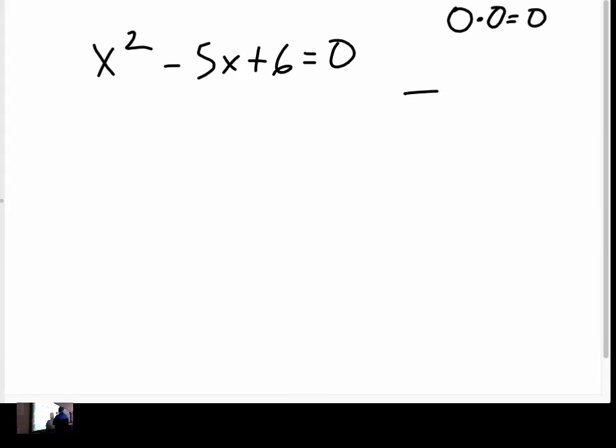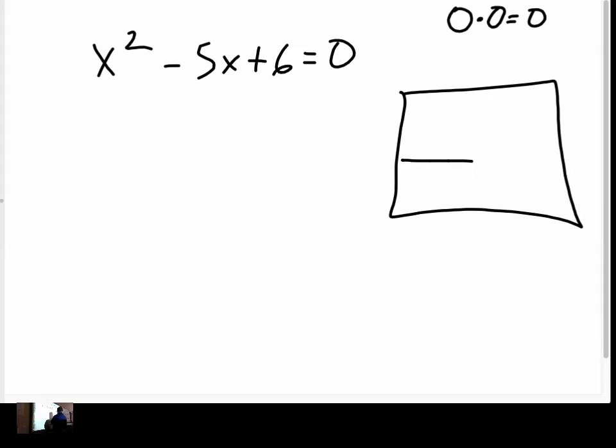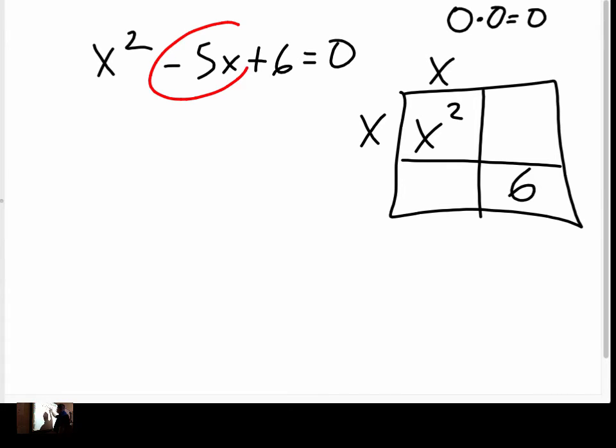And to factor this using Mr. Adams' method, and we've done this a couple times already, I would take the first term and the last term and plug it in there. I'll do the first one. X times x equals x squared. Right? So now I've got to think of two numbers that when I multiply them together, I get positive 6, but when I add them up, I get negative 5. We know from experience that this negative 5x has to be the sum of those two terms.